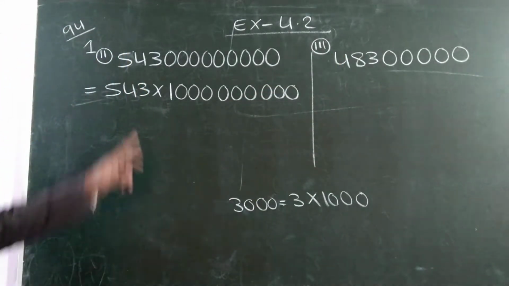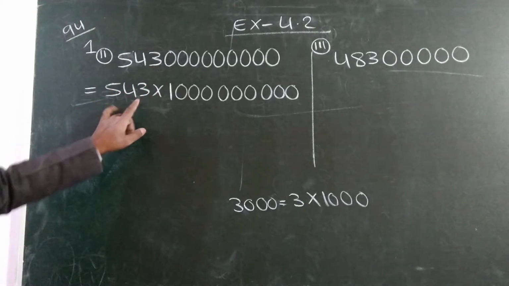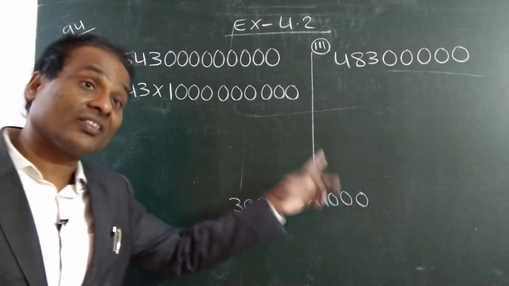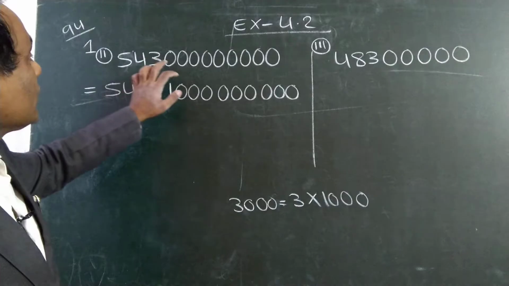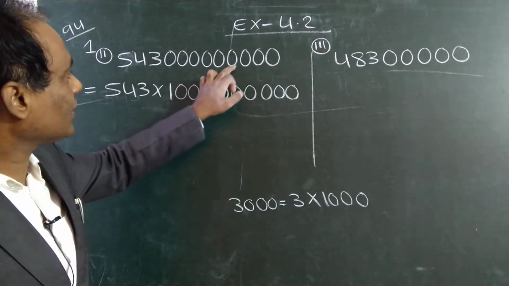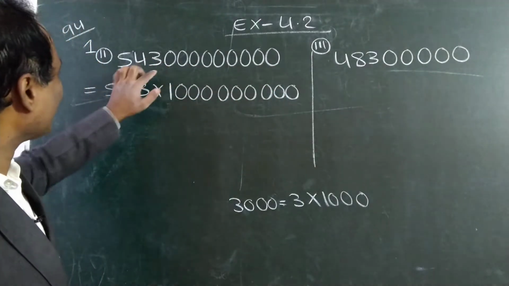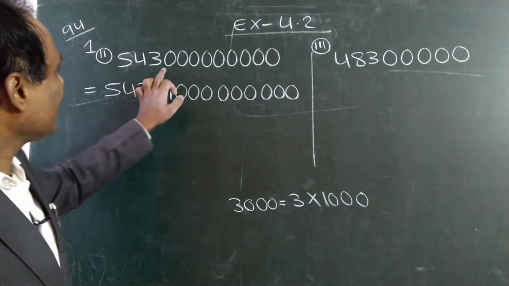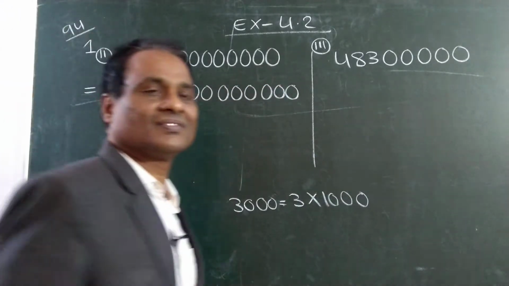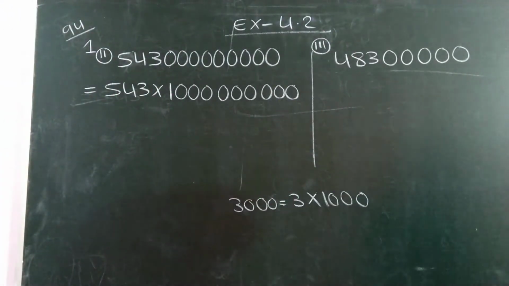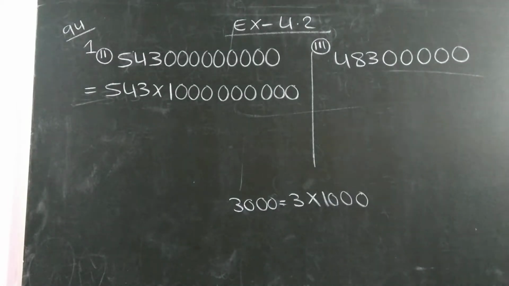See here, 543. 3000 is 3 into 1000. Same way, 543, 9 zeros, so 543 into 1 followed by 9 zeros. Followed or not?